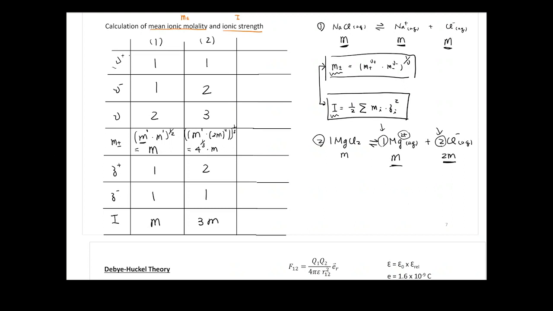Example number 3. Assuming today you have magnesium sulfate with initial concentration m, and it becomes Mg2+ and SO4 2−. What is your ν+ and ν−? ν+ is 1, ν− is 1, total ν is 2. z+ is 2 and z− is 2.